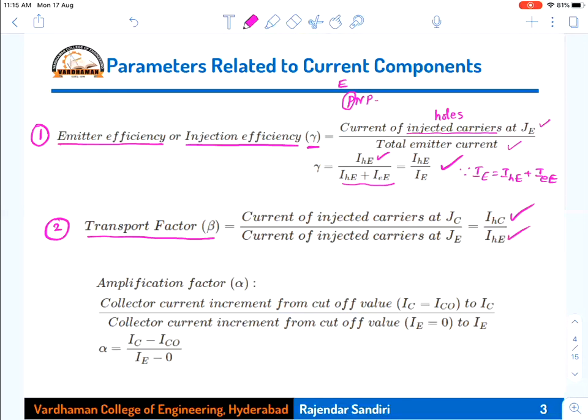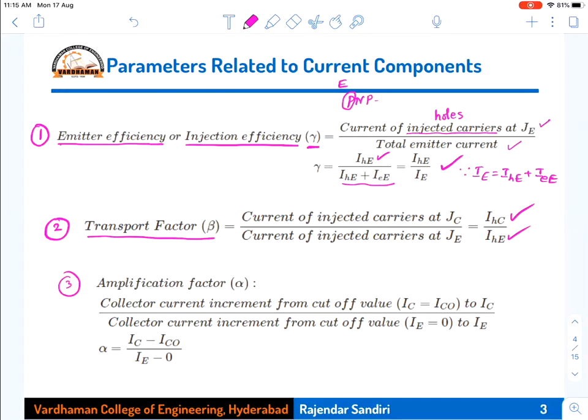So IHE and IHC both are not the same, right? IHE is 100%, IHC is 95%. Remaining 5% are recombined in the base region. So the transport factor is the current of injected carriers at junction JC, which is IHC, divided by the current of injected carriers at junction JE, which is IHE. So the ratio of IHC to IHE is transport factor beta. That is the second parameter.